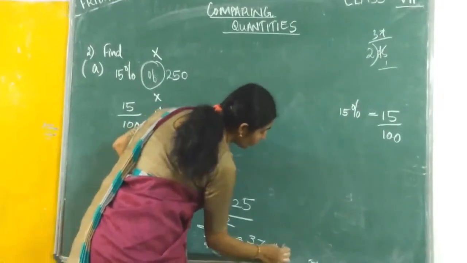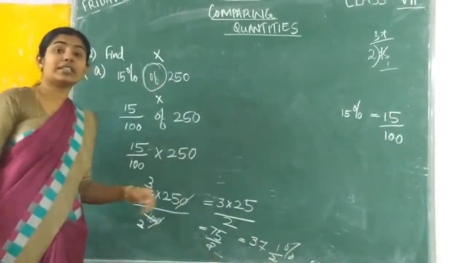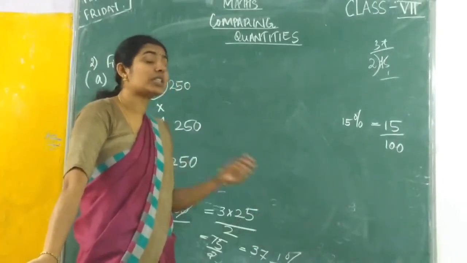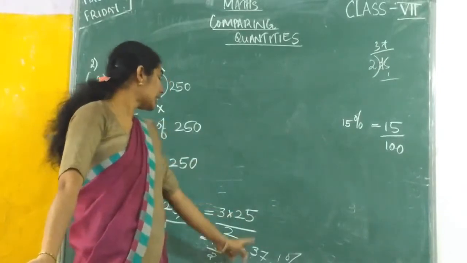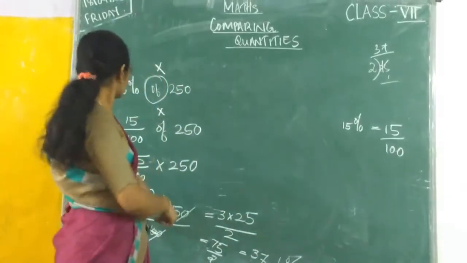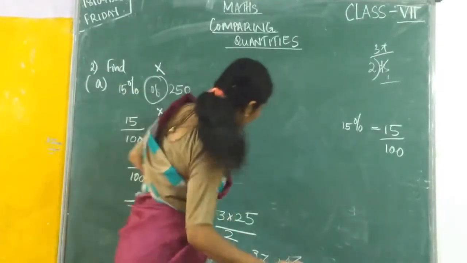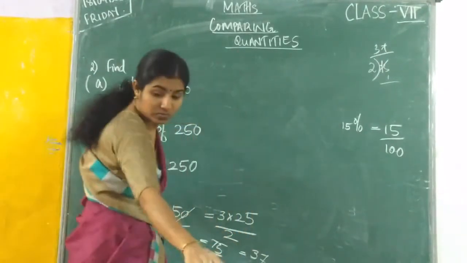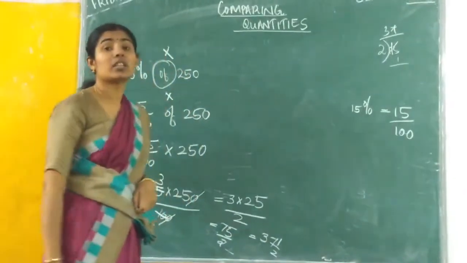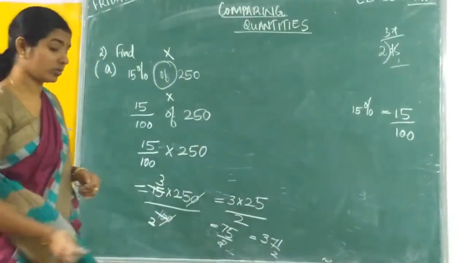Write this improper fraction, convert this improper fraction into mixed fraction. So what will you get? 37 1 by 2. It's not percentage. 37 1 by 2.